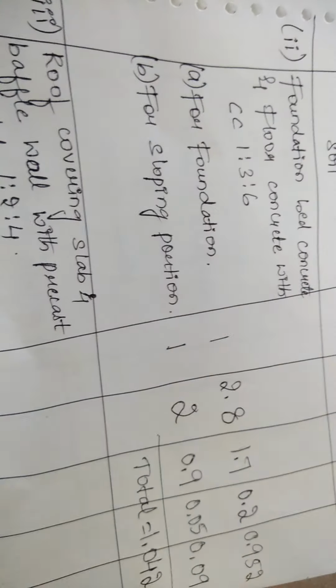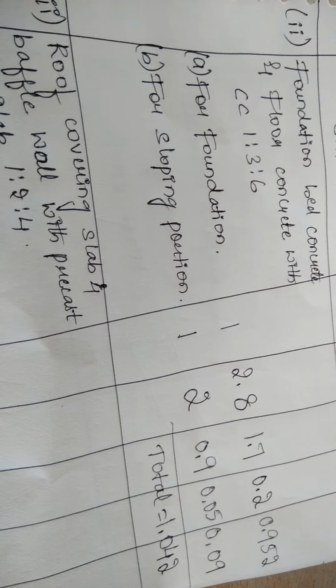So let us add these two values. 0.952 plus 0.09. On adding these two values, you will get a total quantity of 1.042, which is expressed in terms of cubic meter. So this gives you the final quantity for the second item of work, that is foundation bed concrete.